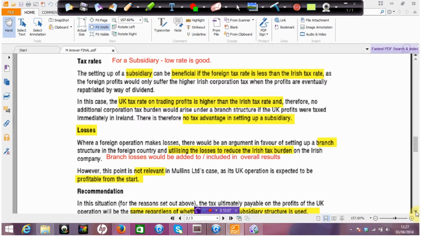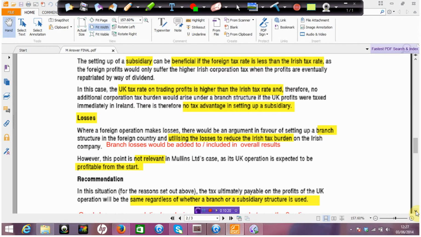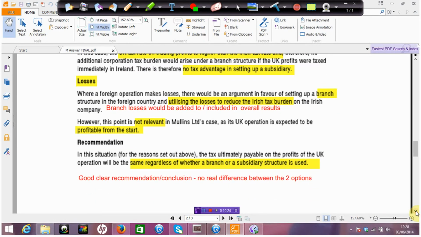So if losses are in play or likely to be in play in relation to the foreign operation, then certainly a branch would be more favorable. You'll see from that second line that it's not relevant in this case, as I said above, because it's profitable from the start. So again, here we have a nice, clear, simple recommendation.